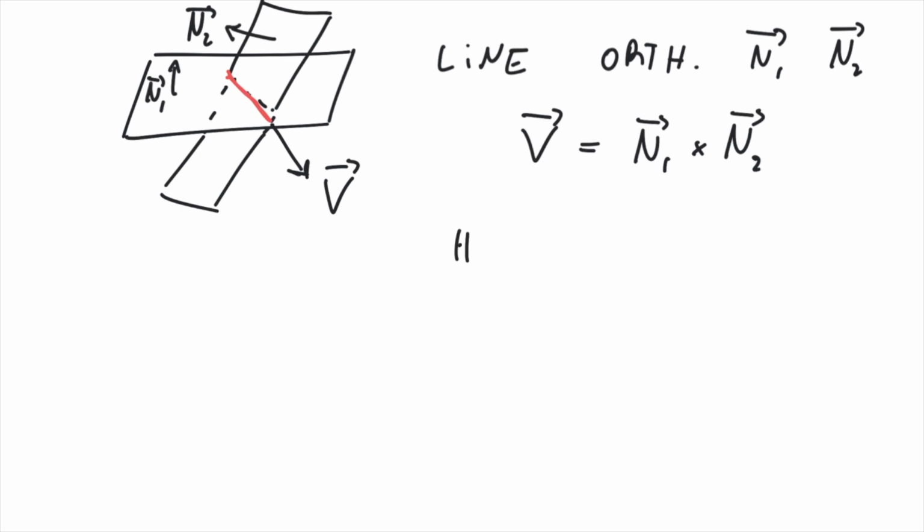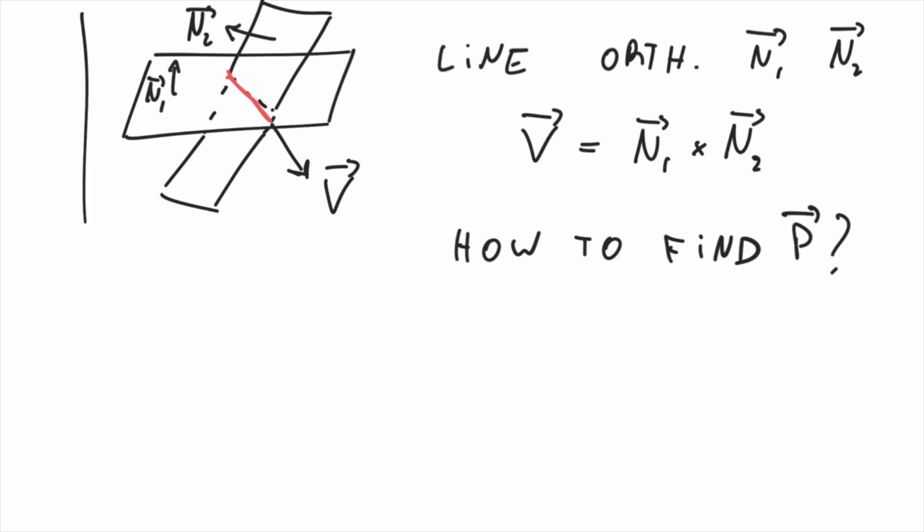So, how do we find this point P belonging to the line? Well, one trick that we can use here is to define this point as the point on the line that is closer to some arbitrary point. So let's say that we have a coordinate system here, x, y, z.